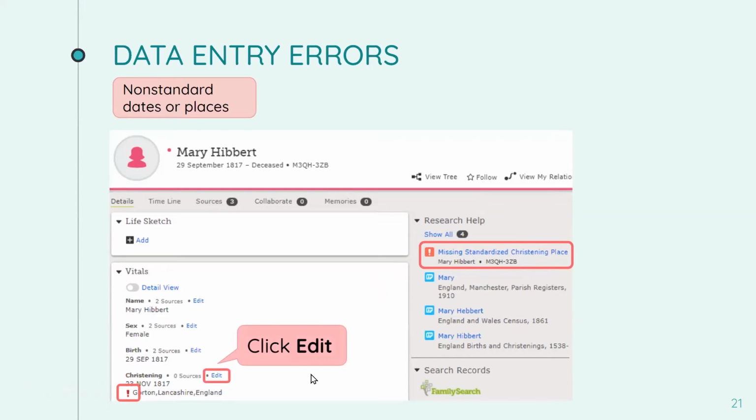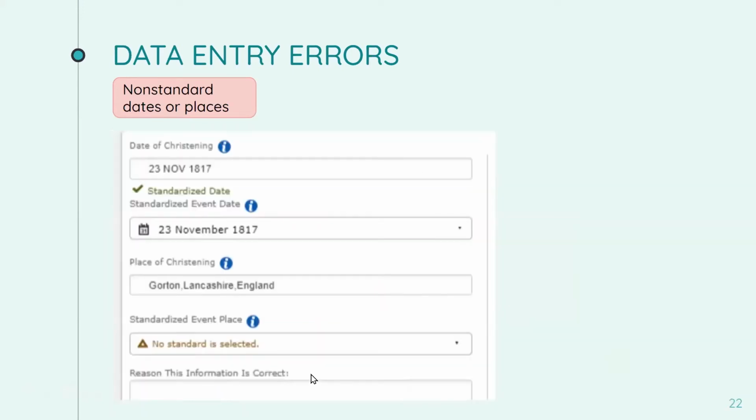So again, you click Edit, and you get a screen that looks like this. I wanted to take the opportunity to mention something about dates here. Notice that the christening date is not standard. It doesn't have the full month, and it is capitalized and not initial capped.